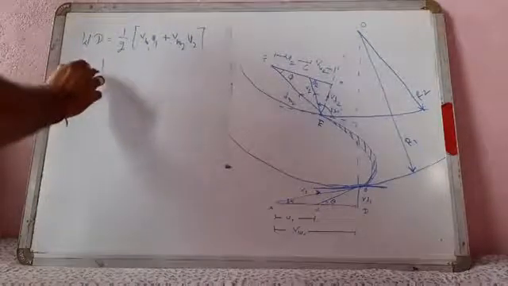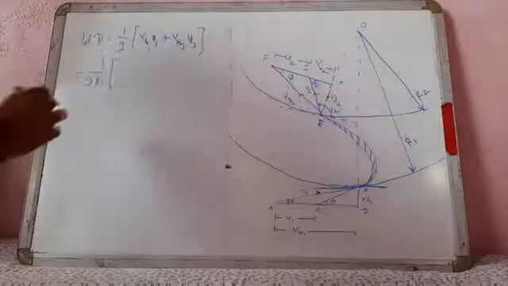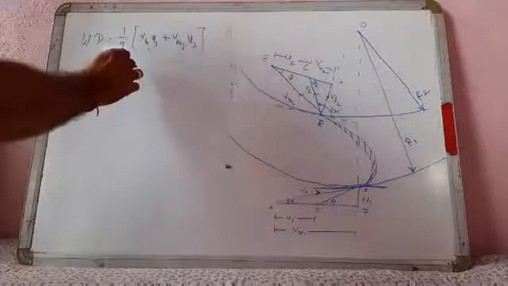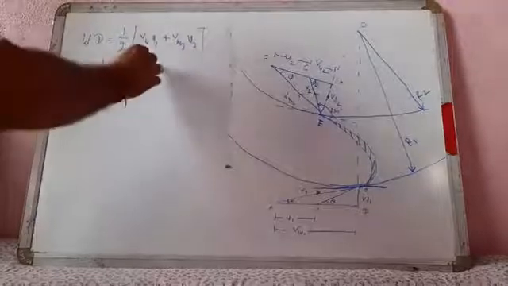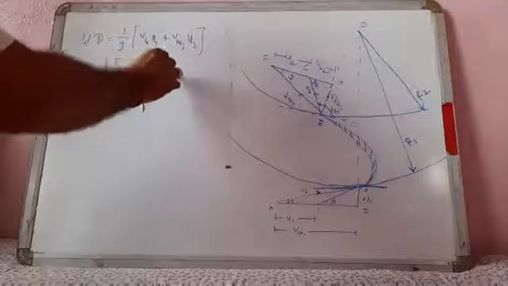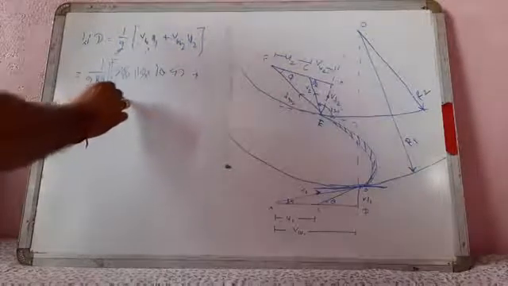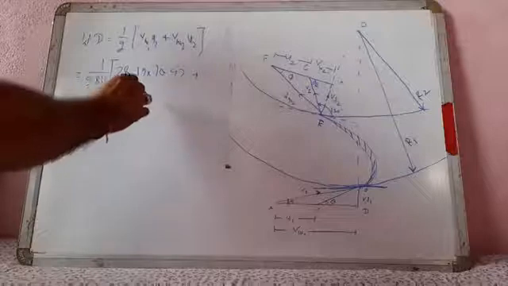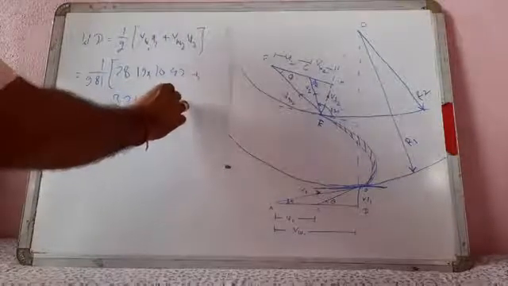Putting the values here, 1 by 9.81 into 28.19 into 10.47 plus 3.214 into 5.235.